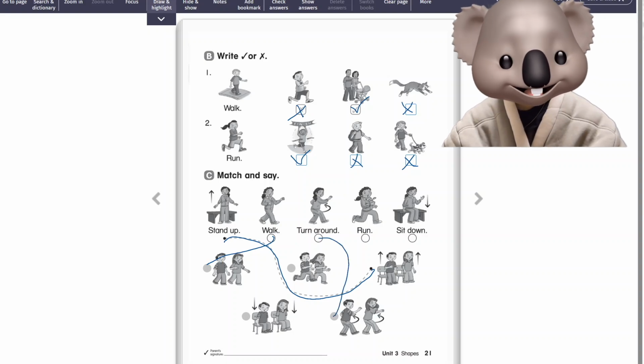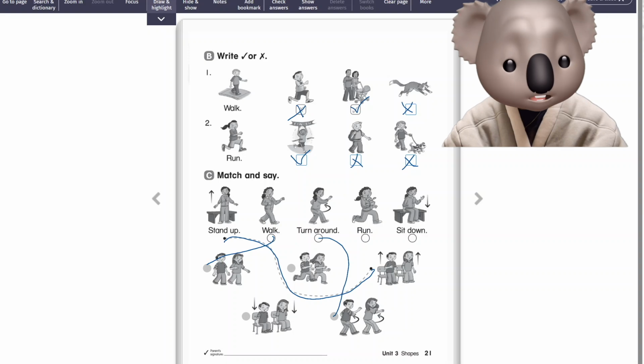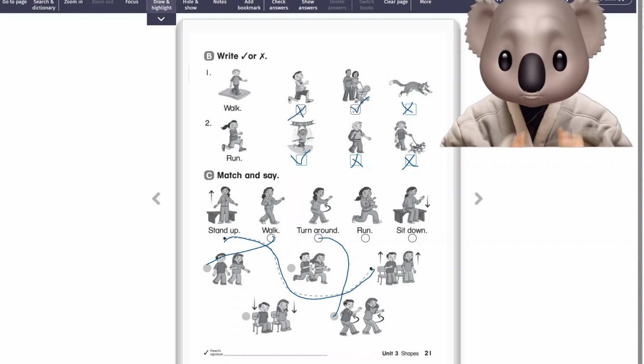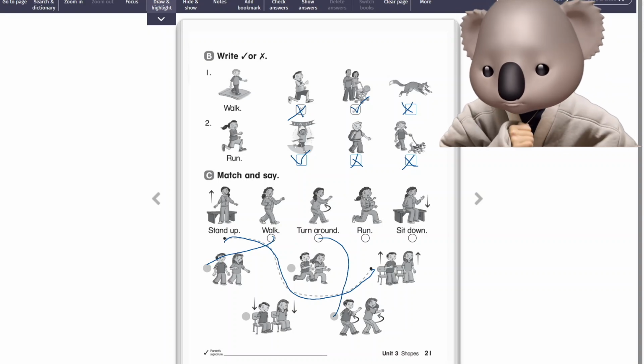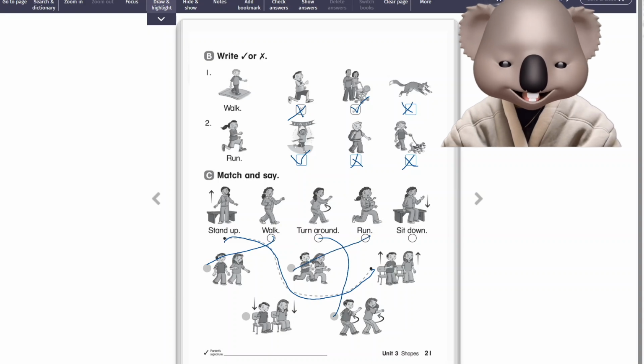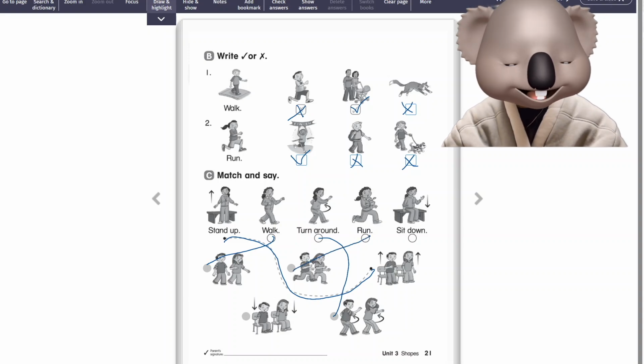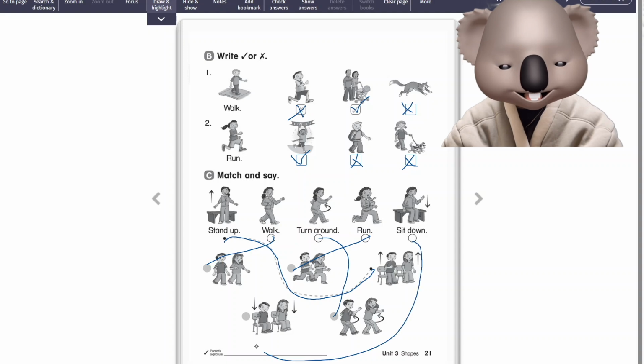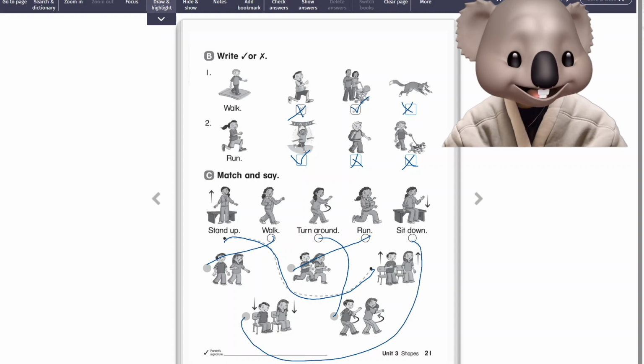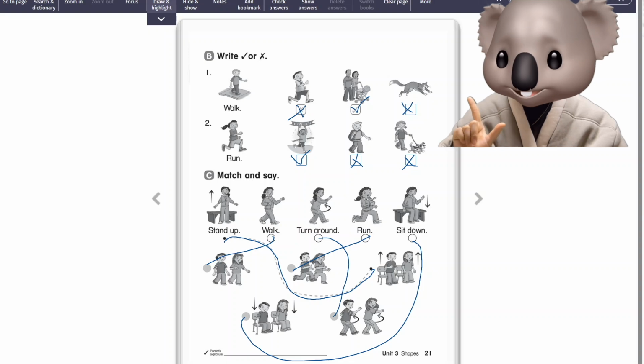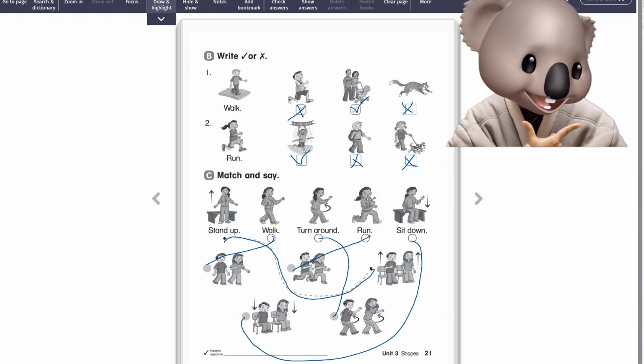Right here. And in the next one, we need to find a picture of run. Great job, right here. And the last one is sit down. Great job. Check your answers and we'll go on to the next page.